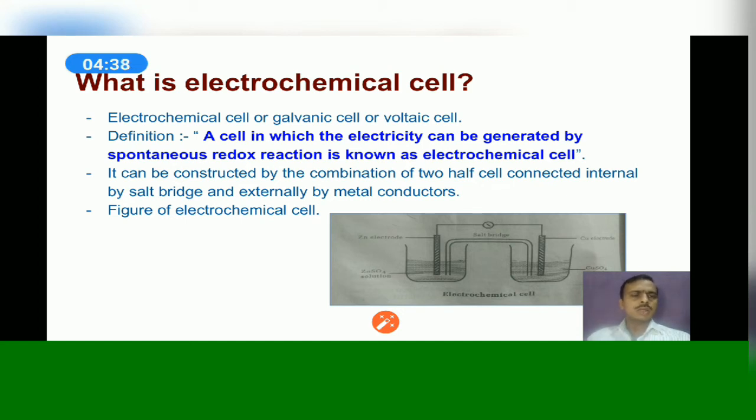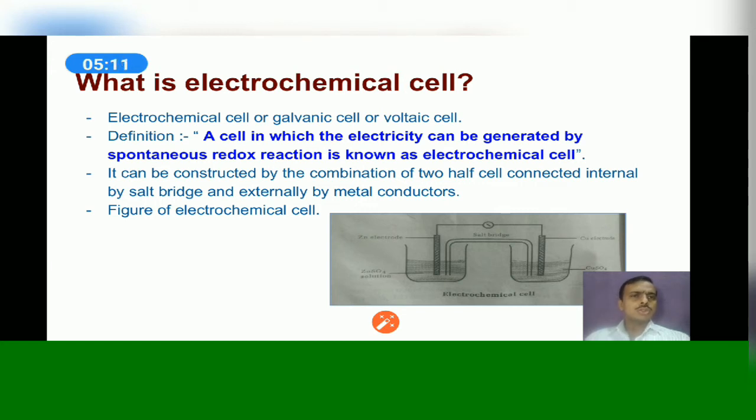Now see in this figure, the two beakers contain solutions with two metallic electrodes connected by an external conductor, and the two half cells are internally connected by an inverted U-shaped bridge called a salt bridge.